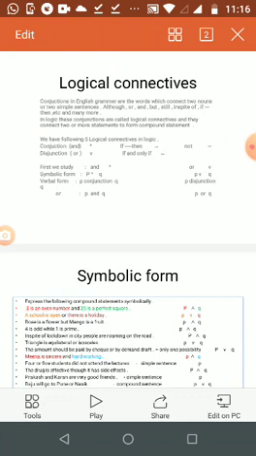Now, this topic is common to science and commerce stream both. So, I will be teaching to both the streams. Last time we have seen what is a statement. We have seen that a statement in logic is a simple sentence. It is a sentence which is either true or false but not both.